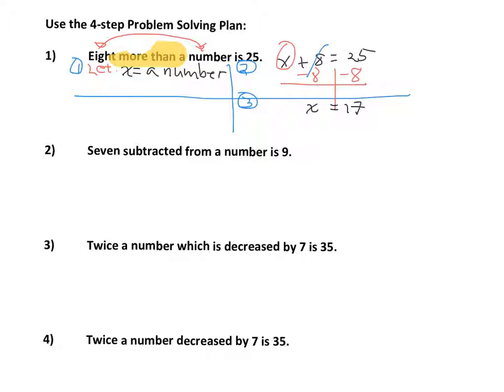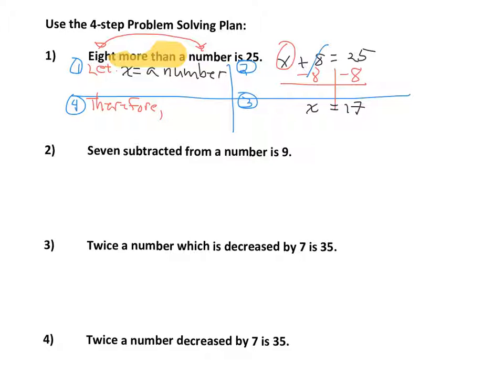And so that brings us to the last box. The last box is called your therefore statement. It kind of makes you sound kind of snooty. You're going to say, therefore, the value of the number is 17. Or therefore, the number is 17.